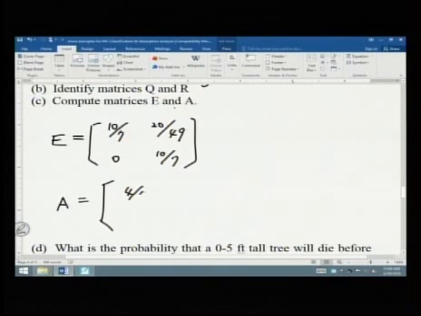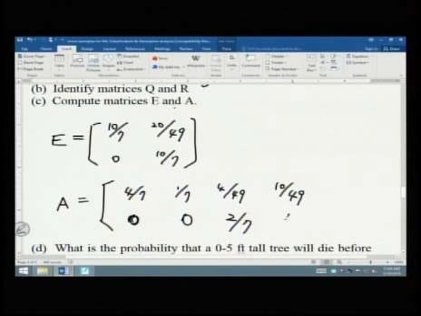It's 4 over 7, 1 over 7, 4 over 49, and 10 over 49. And the second row is 0, 0, 2 over 7, and 5 over 7. Okay?